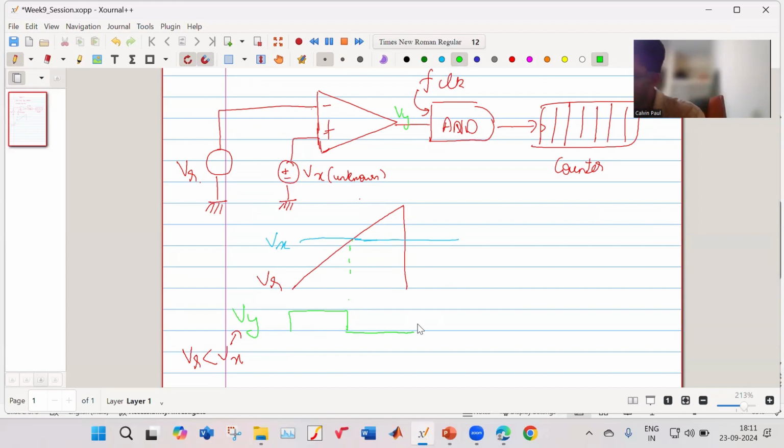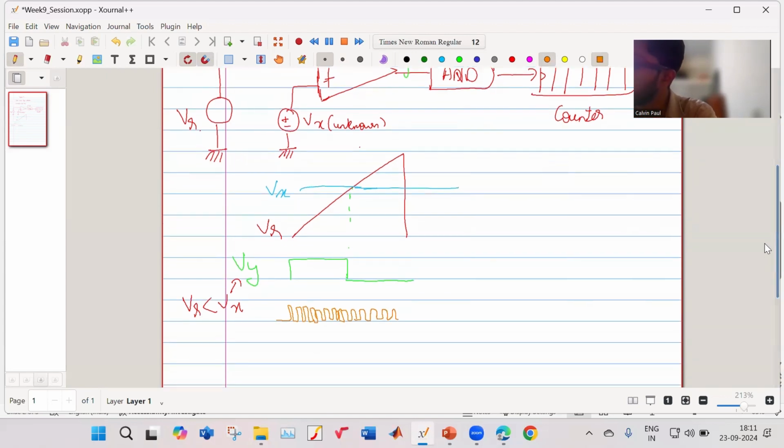So now, when Vy is high, then we also have one clock. Continuously the clock is coming and it is incrementing my counter. My counter value is increasing.